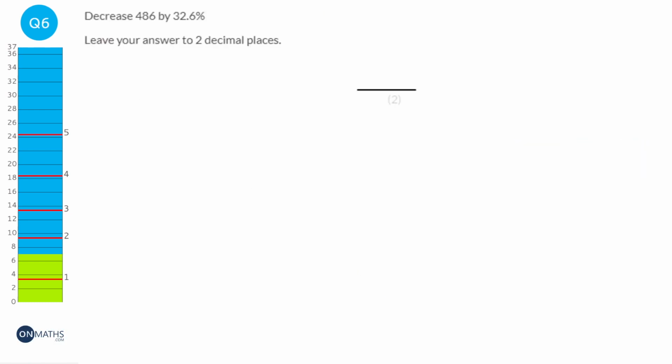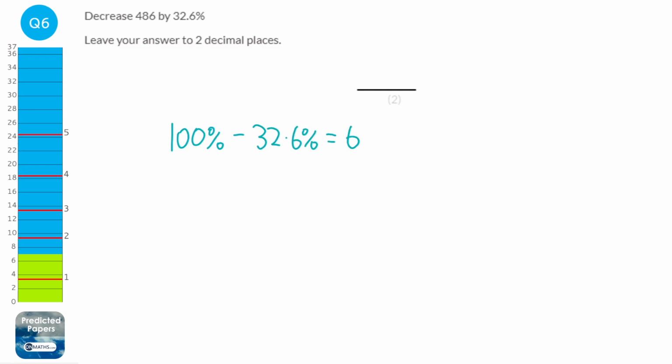We're going to start off by finding what the multiplier will be. So we'll start off with 100%, and it's a decrease of 32.6%, so we're going to take that away, and that will leave the percentage as 67.4%. Next we need to convert that into a decimal.